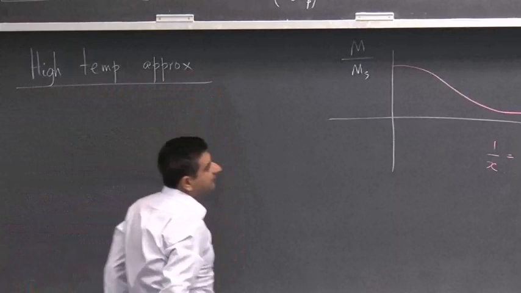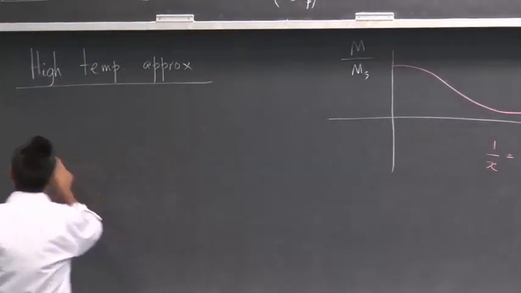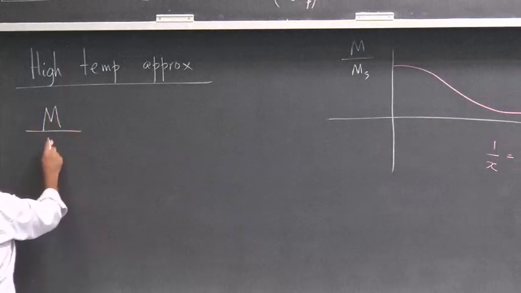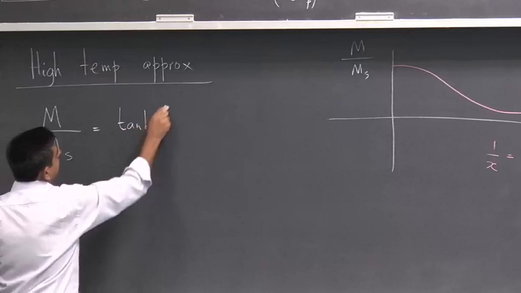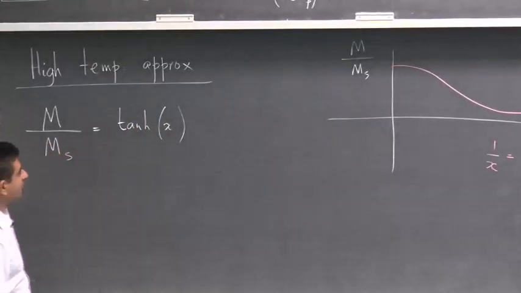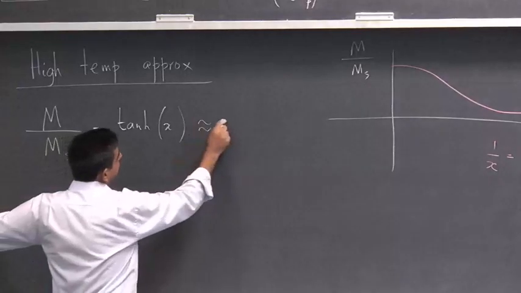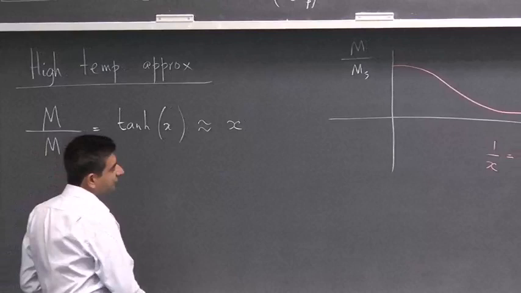Now I'm defining x as mu B B over kBT. So my magnetization M over Ms is tanh of x. In the high temperature approximation, I think this goes to x. Let's see if that's true.